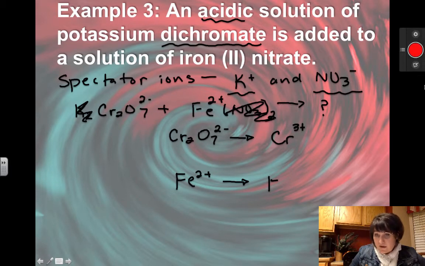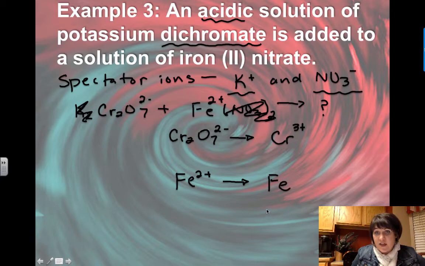So I'm going to wait on the iron. I'm going to see what's happening with the dichromate first, and then we'll decide what to do with the iron based on what's happening to the chromium atoms here. So let's evaluate the charge first. I know that dichromate has a -2 charge overall. That comes from 7 oxygen atoms, and those each have a -2 charge.